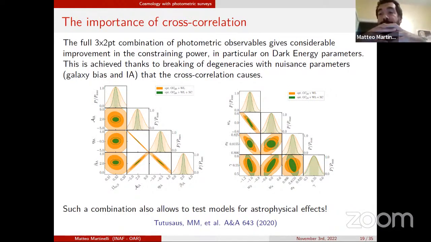So mixing the two pieces of information together, we can obtain tight constraints on these. And this basically means that the photometric survey of Euclid, but any photometric survey you want to work on, if used to its full power, can tell us a lot about cosmology and a lot about astrophysical effects as well. So it's extremely, extremely powerful.